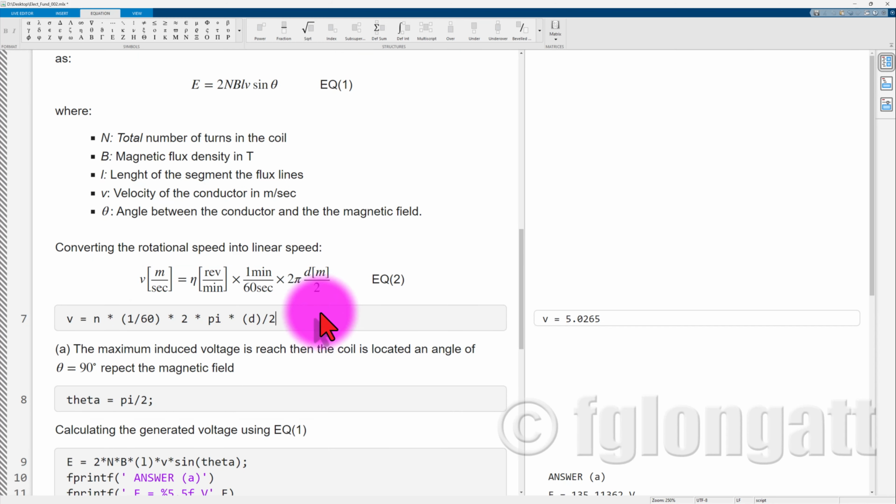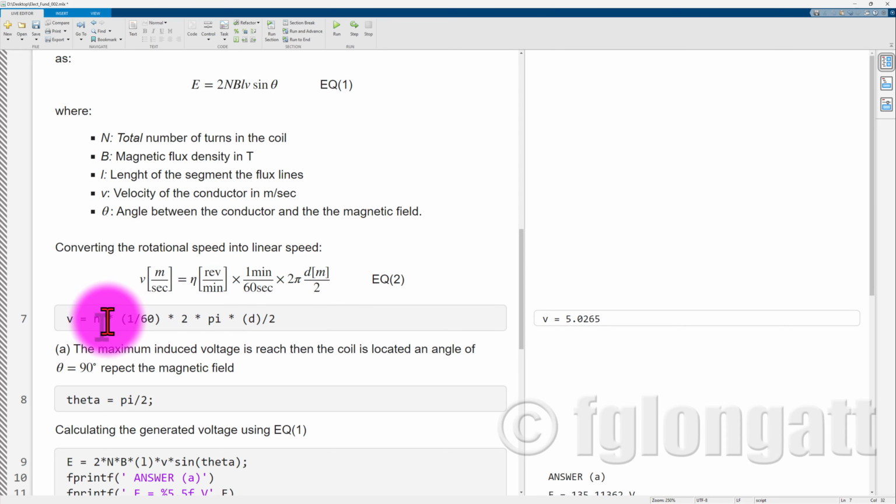So we are multiplying 2 pi radius, but the radius is equal to the diameter divided by 2. In other words, we are multiplying 1200 RPM, 1 divided by 60, 2 pi, and the radius in this case is the diameter divided by 2, 4 centimeters.